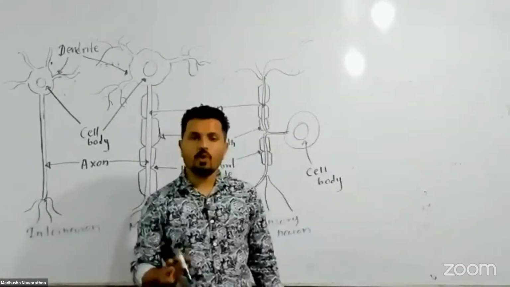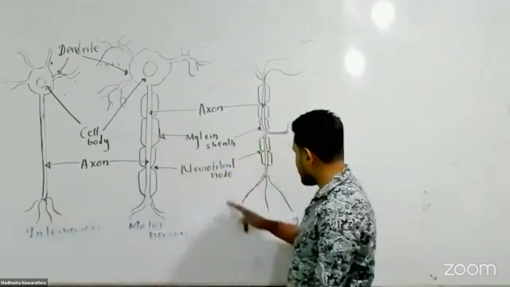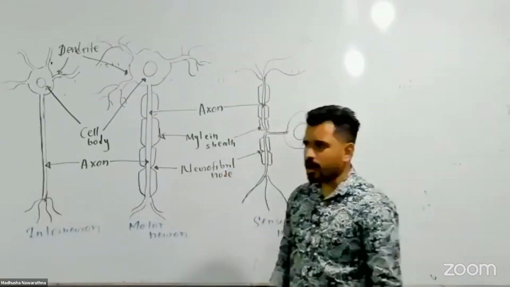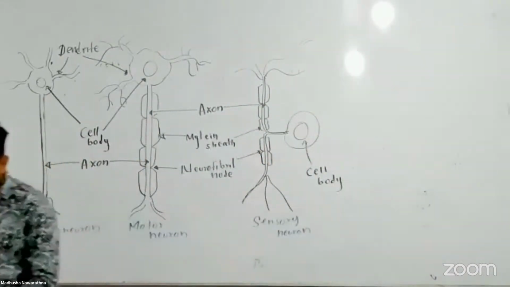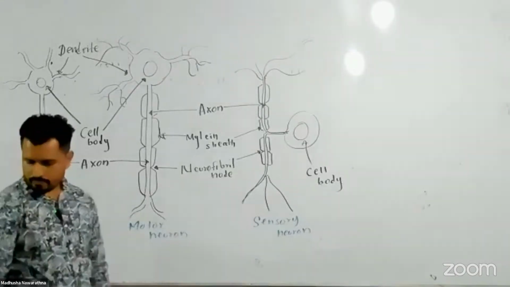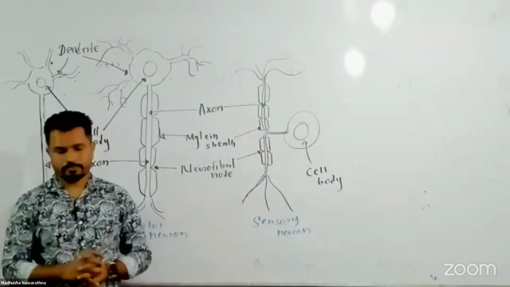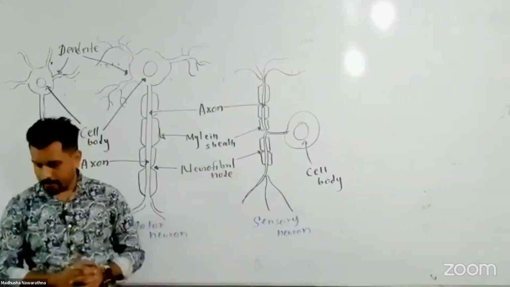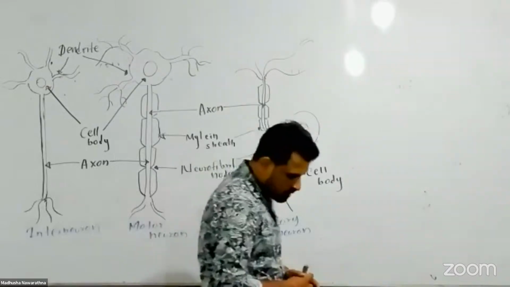Okay, next point. Under the next one, who is it? Motor neurons. Now motor neurons are a kind of neuron which communicate information from the brain to tissues and organs through the body. Right? So allowing for movements.